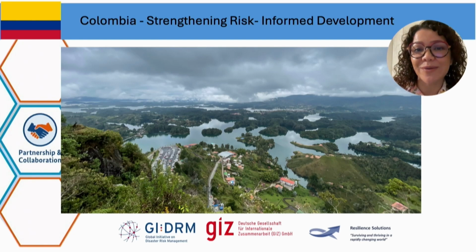This is a project with Resilient Solutions and the German cooperation under the Global Initiative for Disaster Risk Reduction, strengthening a risk-informed development approach in Colombia. But first, in order to do that, we needed to understand the risk landscape of the country.